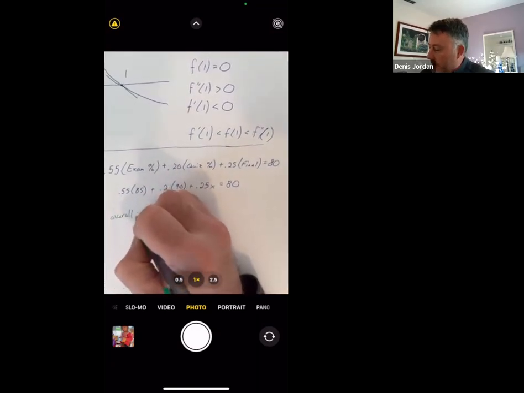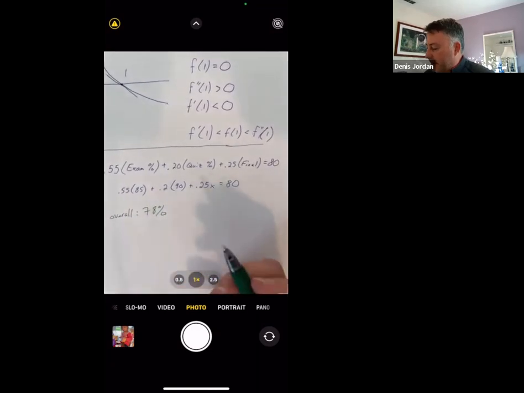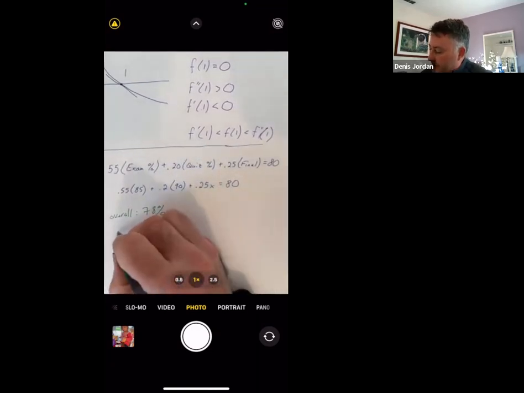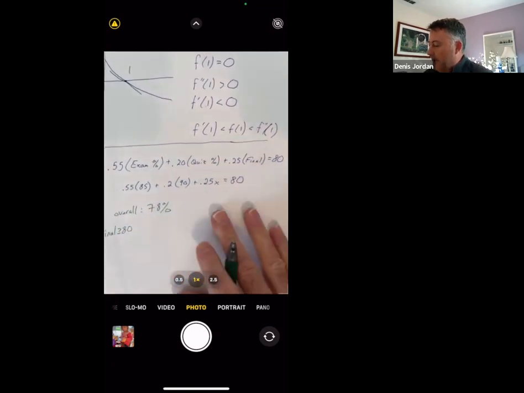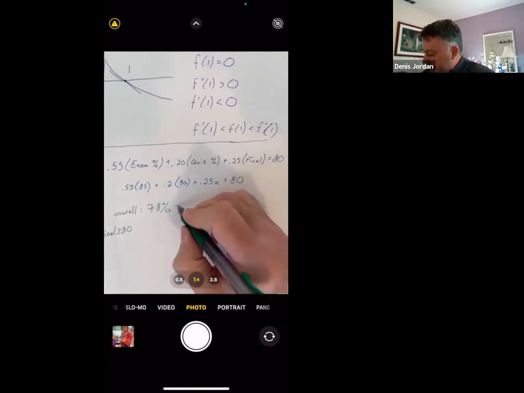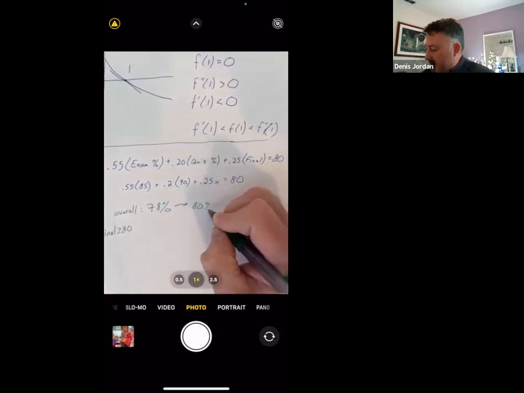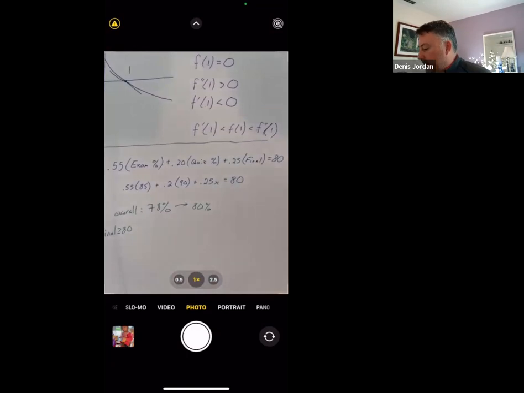This is with the final exam stuck in there. As long as you have an 80 on that final exam, then that would round this to an 80 as well. Does that make sense?